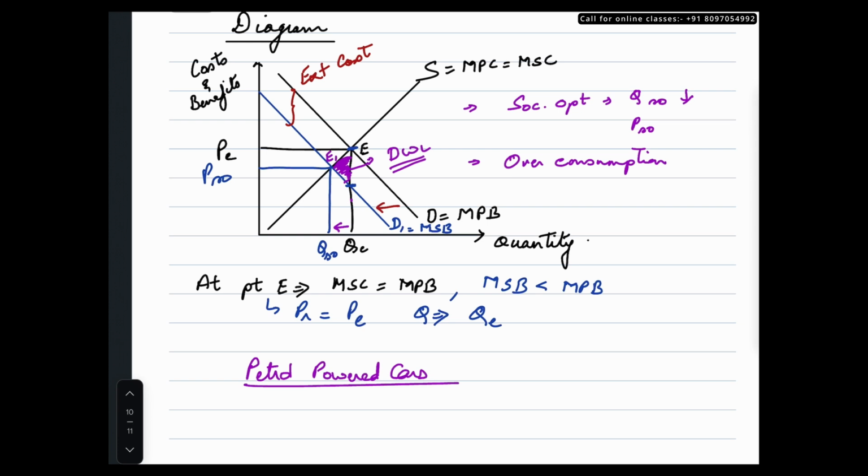There are plenty of other solutions that government could undertake to ensure that the consumption could be brought down from QE to QSO. One such thing is putting a corrective tax or an indirect tax, as we say it. Other things that government could do is to educate people about the negative impacts these activities would have on others.